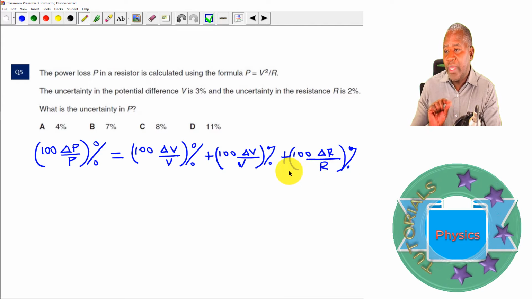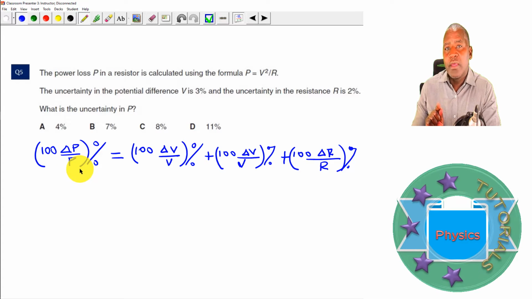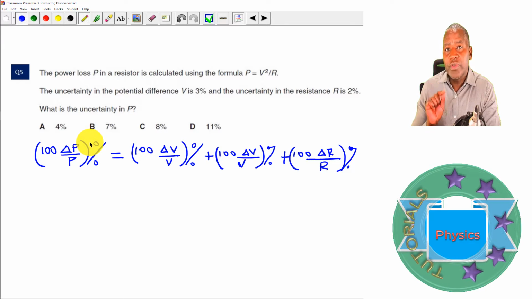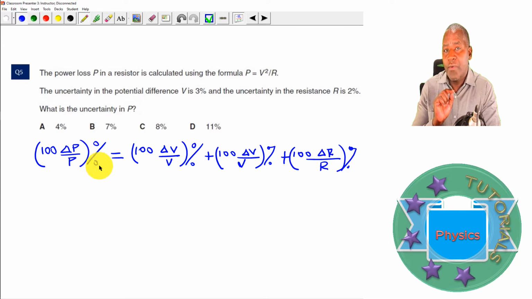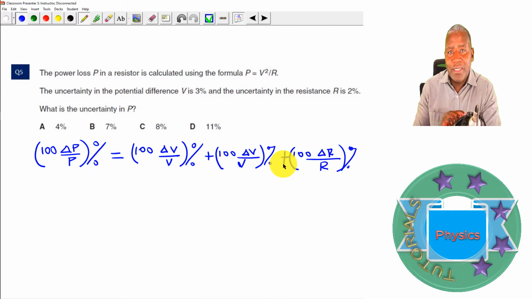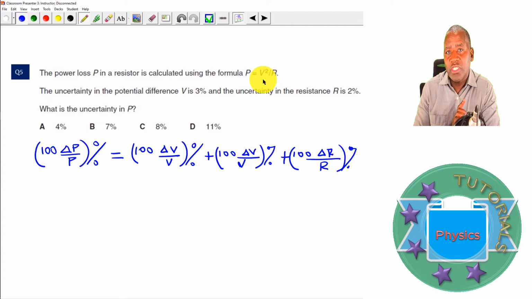So when we want to get either the fractional uncertainty in our answer, or absolute uncertainty in our answer, or percentage uncertainty in our answer, we add. We always add. It does not matter whether the expression had addition or subtraction.